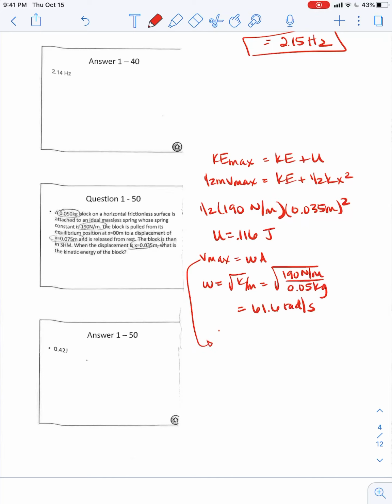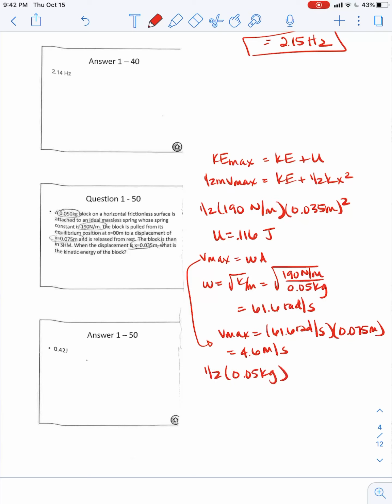And then you go back and solve for your v max. So you have 61.6 times that amplitude of, what is the amplitude? 0.075. And that ends up giving you 4.6 meters per second. So you can solve for that now.